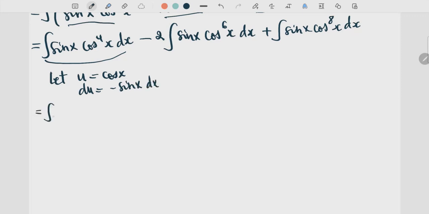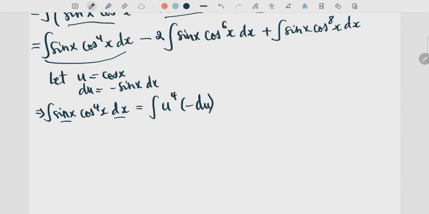Applying that, the integral of sine x cos to the 4x dx is equal to the integral of u to the 4 multiplied by sine x dx, which is negative du.